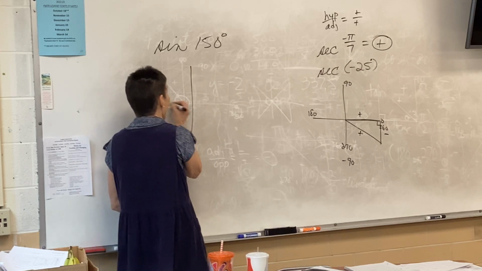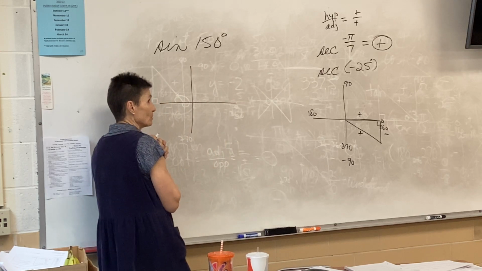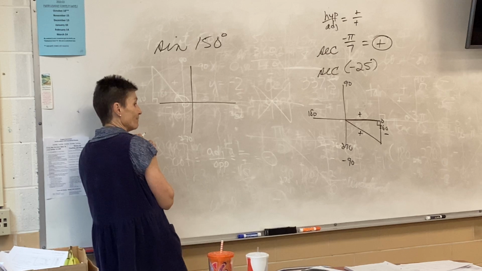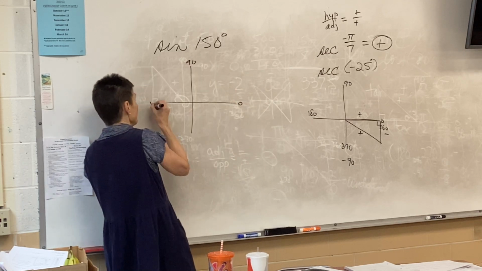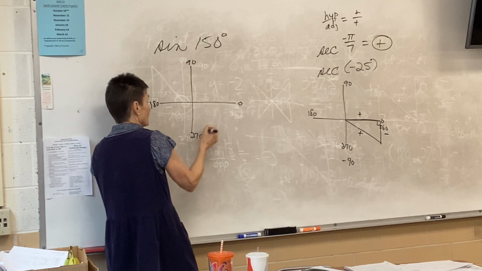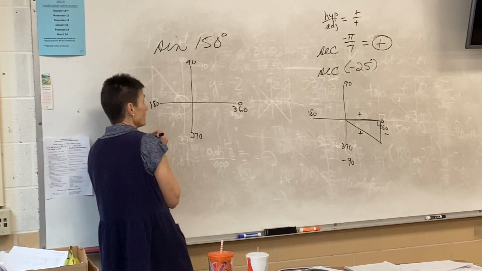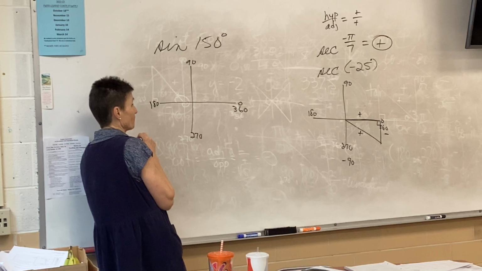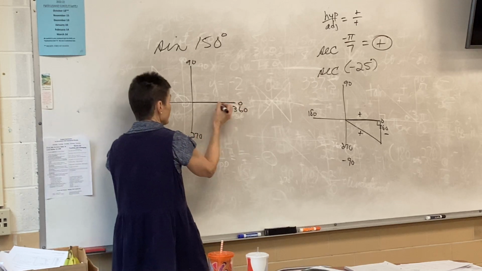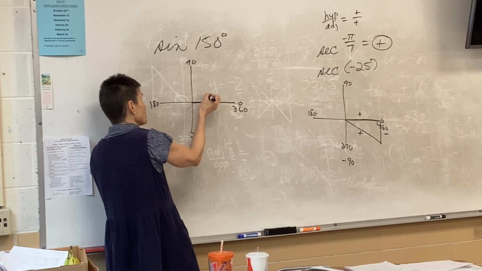150 degrees. I have to figure out where 150 degrees is. So remember your setup, always, always, always. Now where are we going to put 150? Start here. Start marching around.